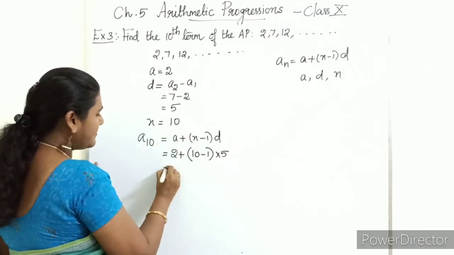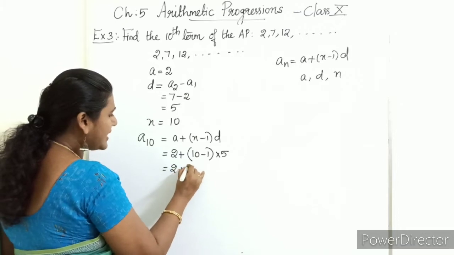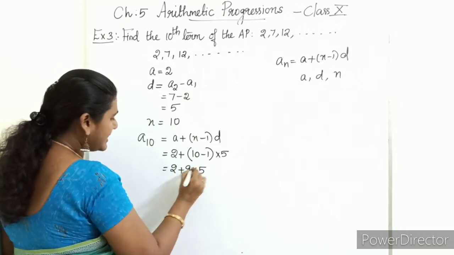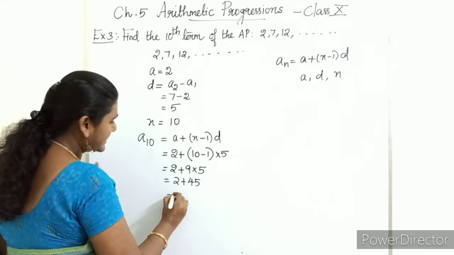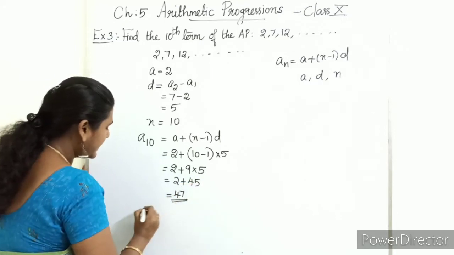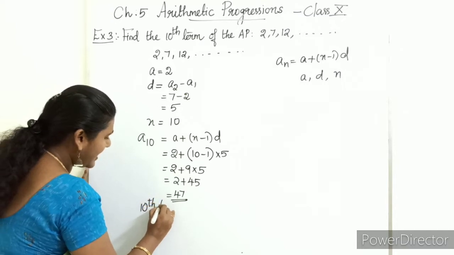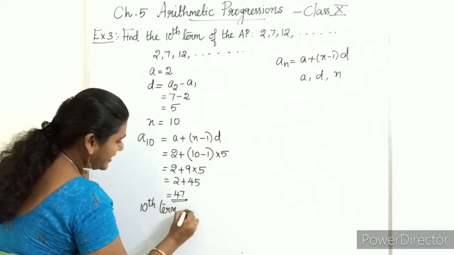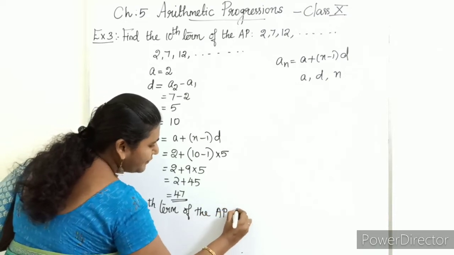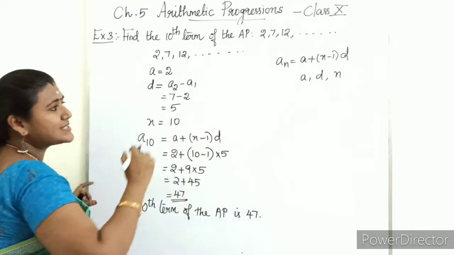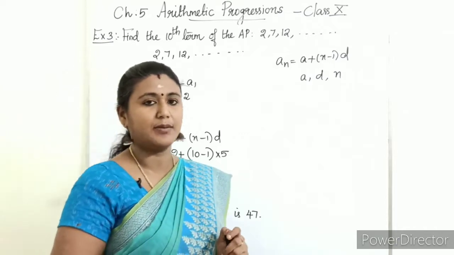Now we will simplify this: 2 plus 9 into 5, that is 2 plus 45. So the answer is 47. We can write, the 10th term of the AP is 47. This is how you have to use this formula for finding the nth term of an AP.